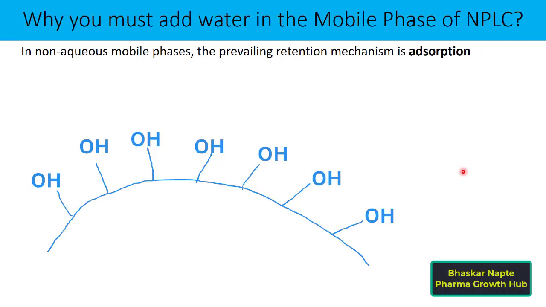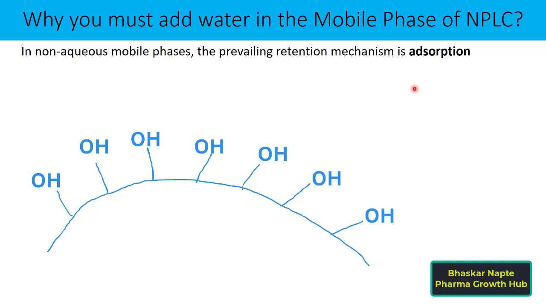As we know, the mobile phase used in the normal phase mode is always non-aqueous. They don't contain water. They may contain less non-polar solvents like alcohol, but preferably they do not contain water. So what is going to be the retention mechanism in the case of such a non-aqueous mobile phase system?